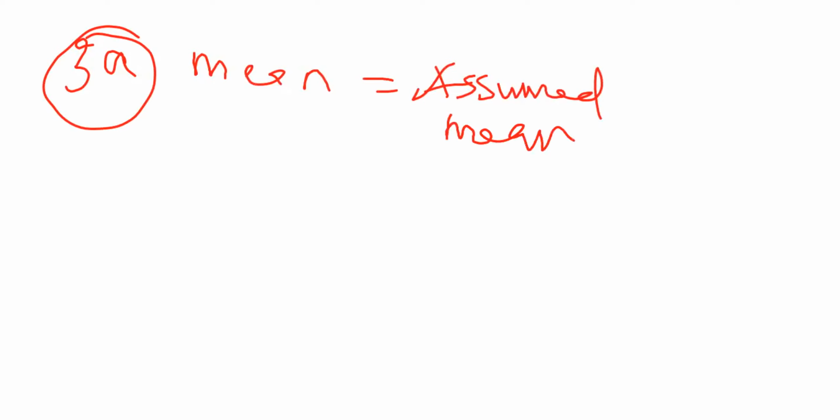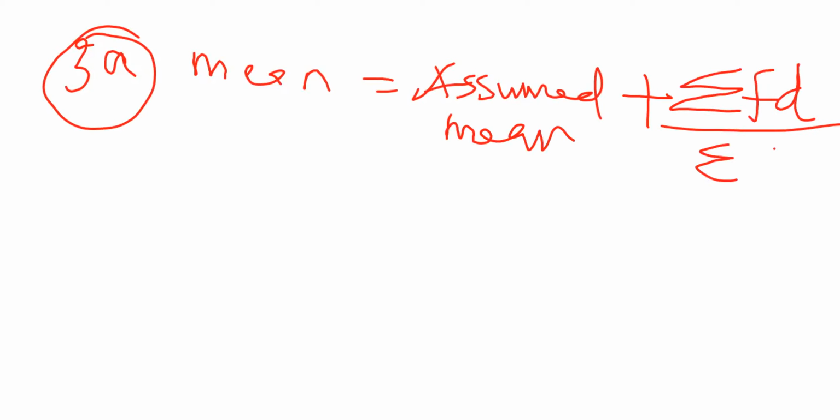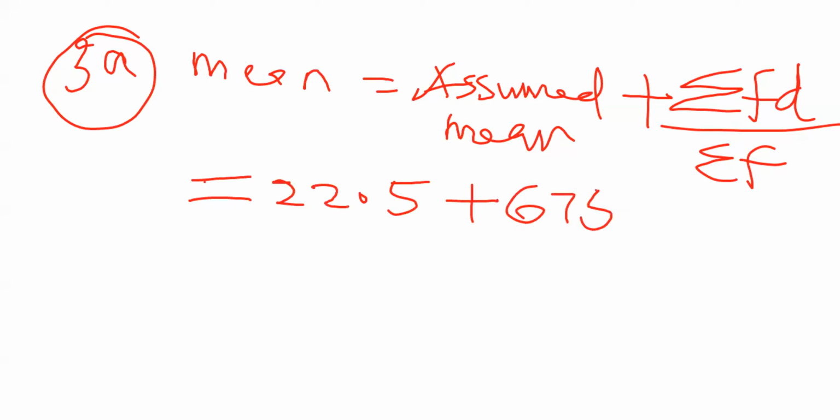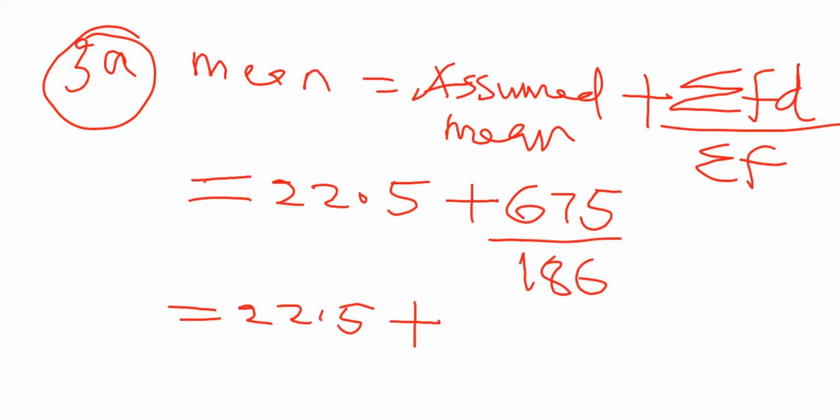So according to the question, the mean daily sales is equal to the assumed mean plus summation of FD all over summation of F. From all indication, our assumed mean is 22.5 plus 675 all over 186. This is what you got.